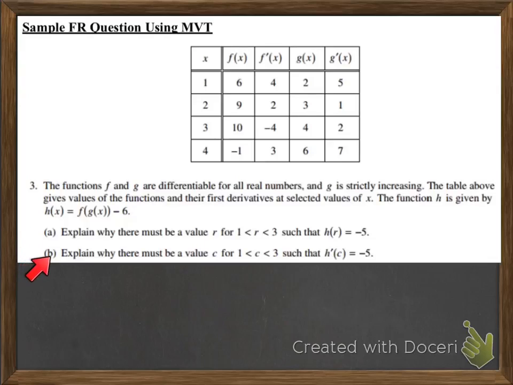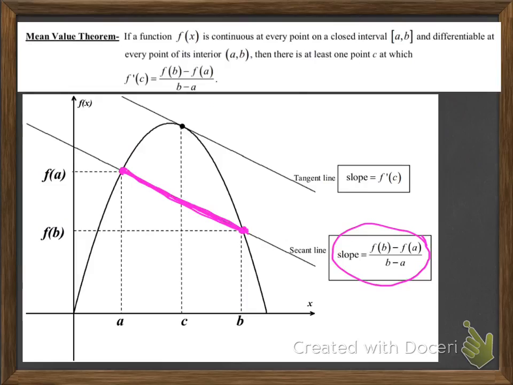So I'm going to jump down to part B right here. It says explain why there must be a value c between 1 and 3 such that h prime of c is equal to -5. All right, so if you go back to this picture right here, in order to find the secant slope, we need 2 coordinates.